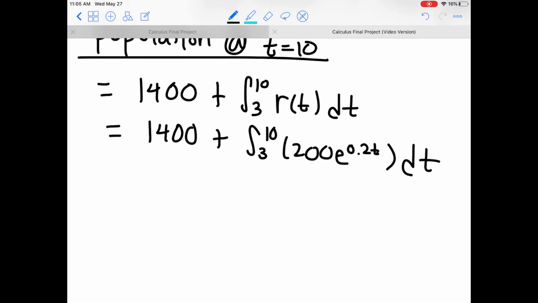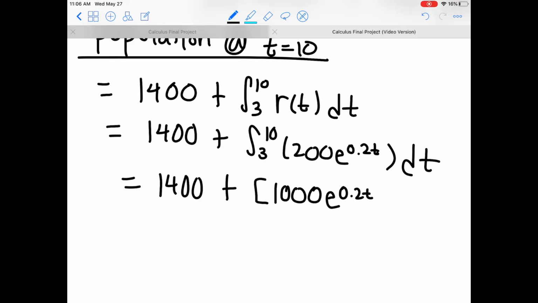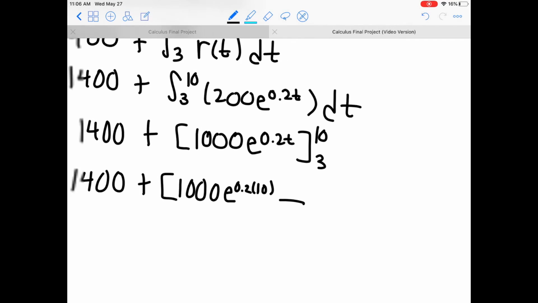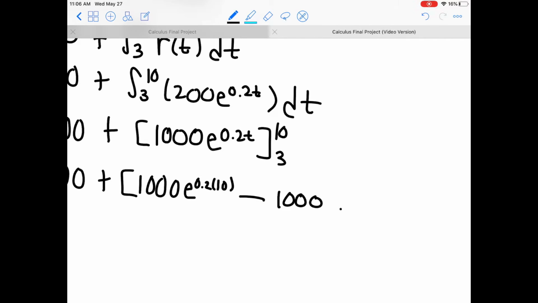Next, we can take the antiderivative of the function, and we get 1,400 plus, we would divide 200 by 0.2, and we would get 1,000 e to the 0.2 t after we take the antiderivative, evaluated from 3 to 10. Our next step would be plugging in 10 and 3, where we have 1,400 plus 1,000 e to the 0.2 times 10 minus 1,000 e to the 0.2 times 3.